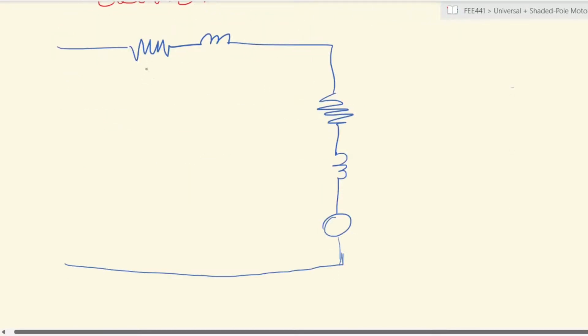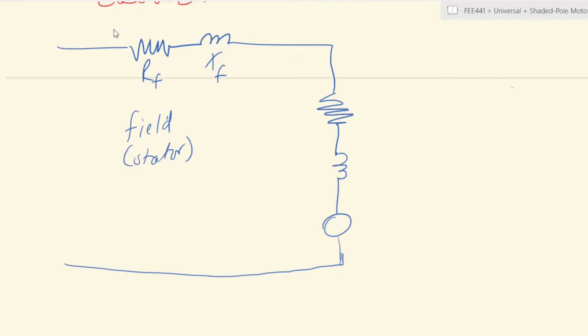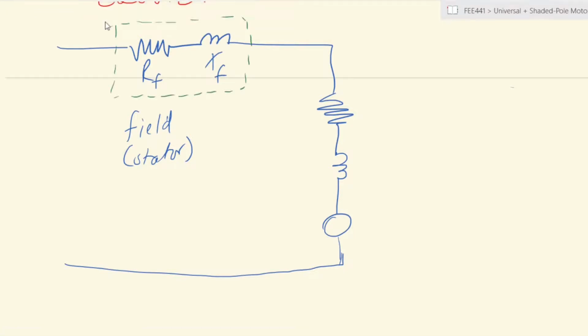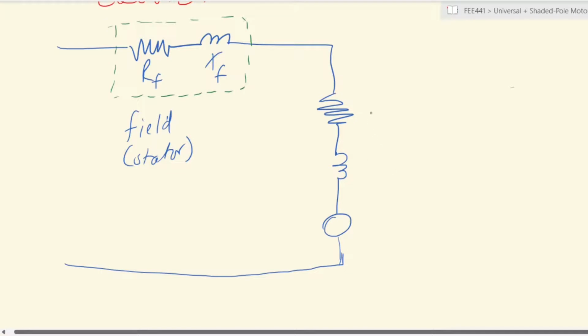And the components are labeled RF, XF, because this is our field winding or stator, indicated here. That represents our field winding. Here we have RA, XA, and an element EA. Yeah, this whole part of the circuit represents the armature, right?